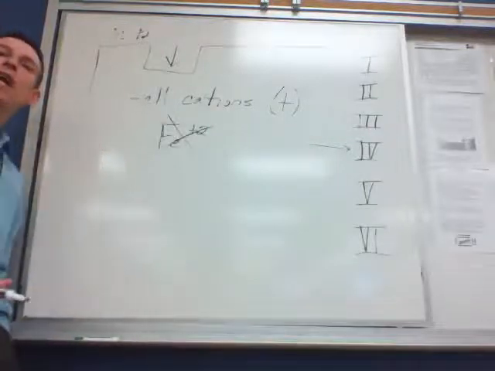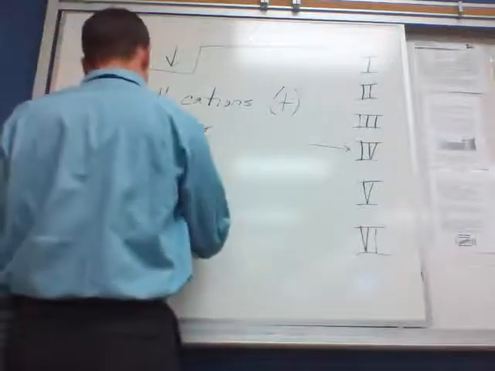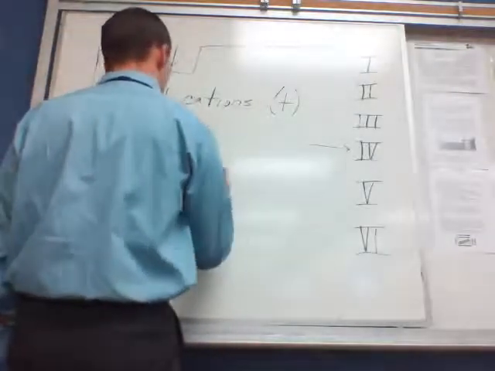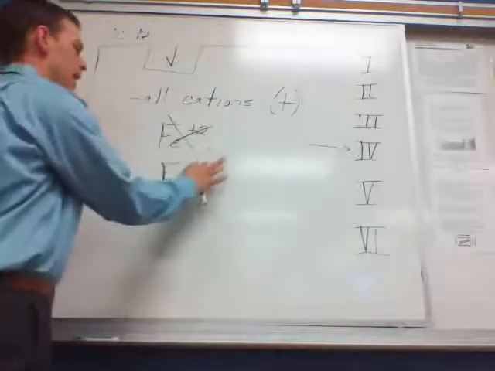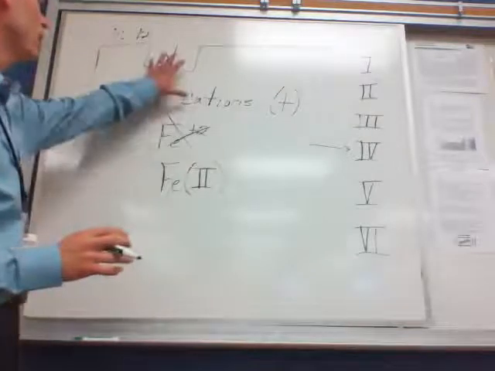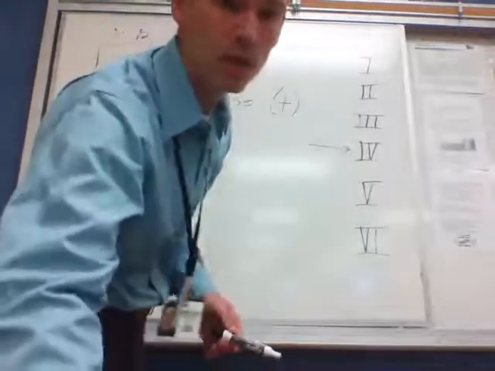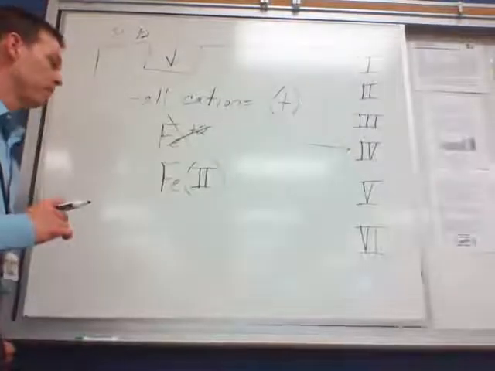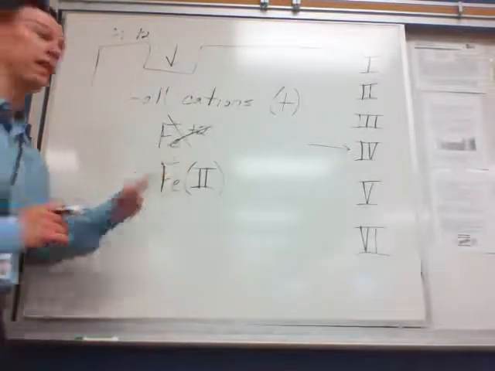But instead, if I do have an iron that's got a charge of 2, it's going to look like this. Again, this weird thing I'm showing you is only true for the elements that are in groups 3 through 12. But when you see that, you should think this.